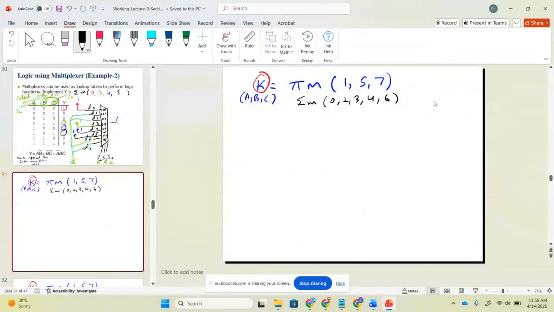Now, if you look at here, again we have this thingy. So we want to implement K. K is now given in pi m 1, 5, 7, and the inputs are A, B, C. Let's assume instead of A, B, C, the inputs are different. Let's assume we want to solve this function.